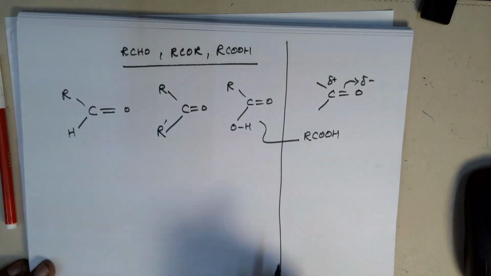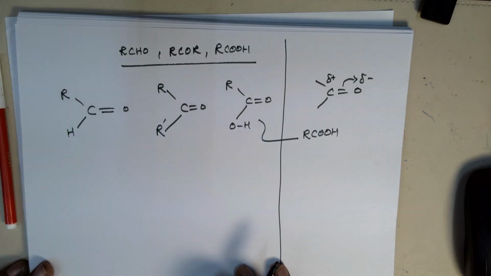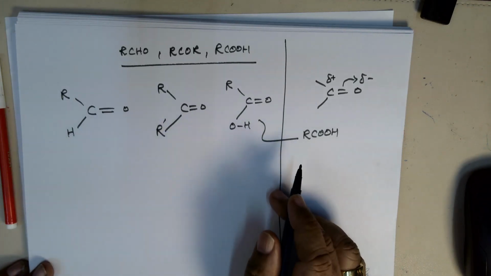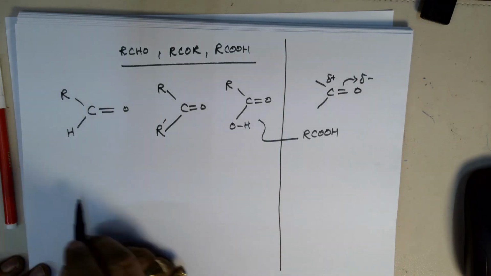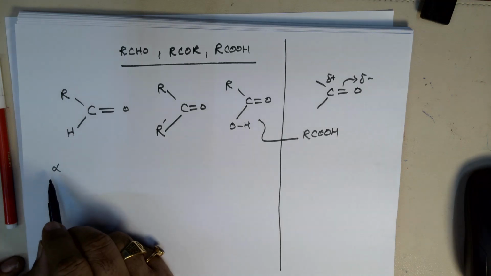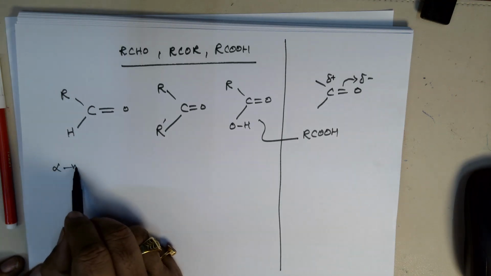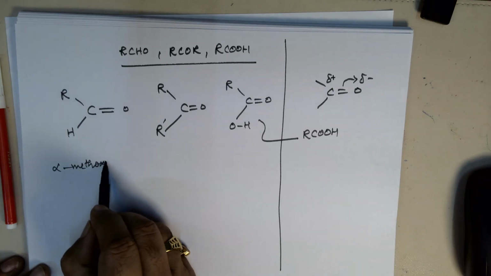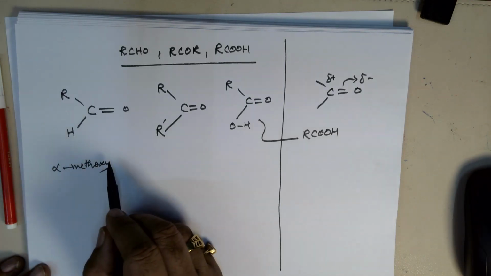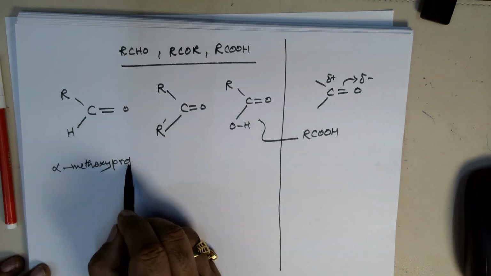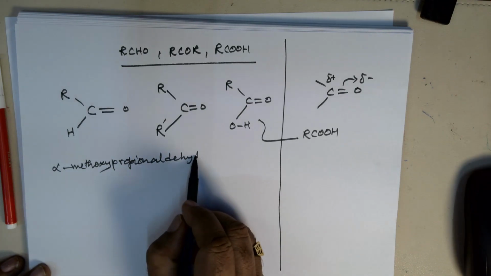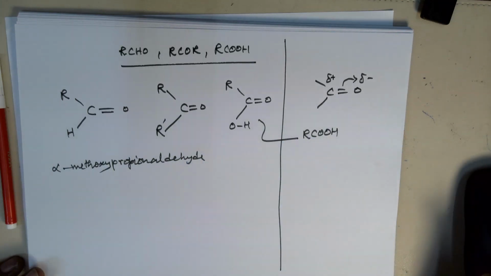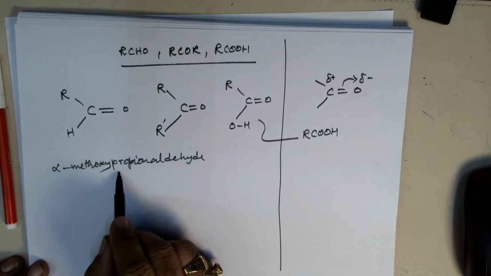Now, let us try to write some structures of popular compounds as given in your NCERT in-text questions. Alpha methoxy propionaldehyde. So how to derive the structure for this?